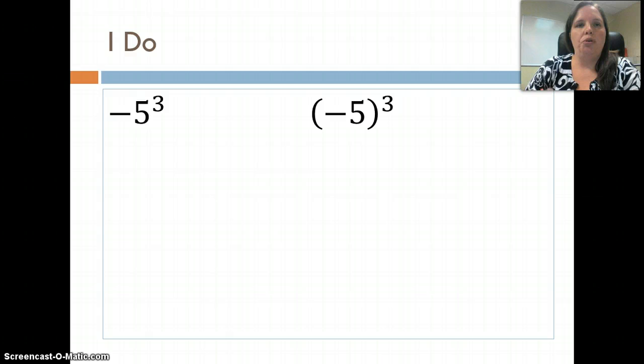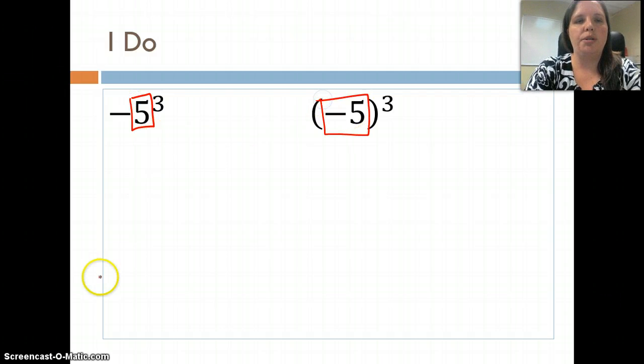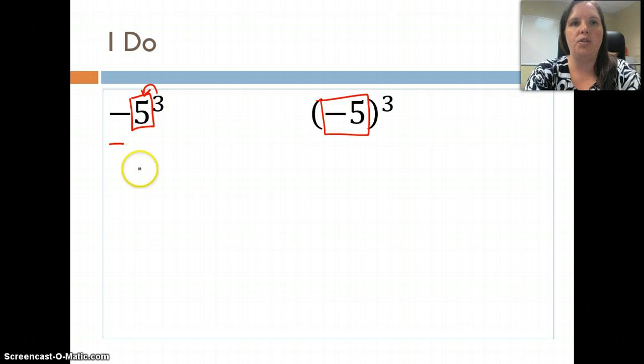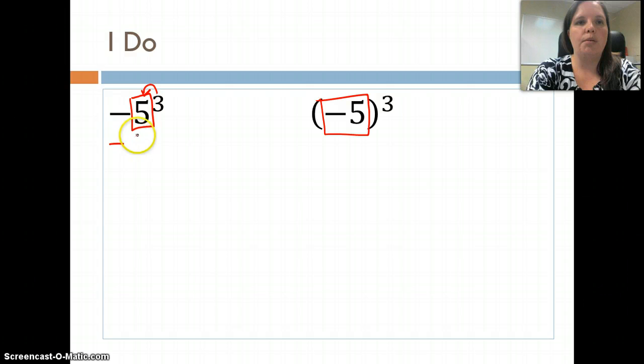So for this one, again, what's the difference? The difference is the base. Here's what's repeating, and here's what's repeating. So the negative sign doesn't repeat because there's no parentheses. The exponent only acts on what's directly in front of it. This is a detail we'll see all throughout this year when it comes to dealing with exponents. So the 5 repeats, but not the negative sign.